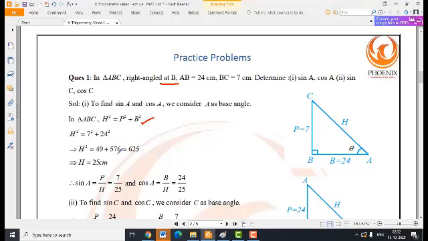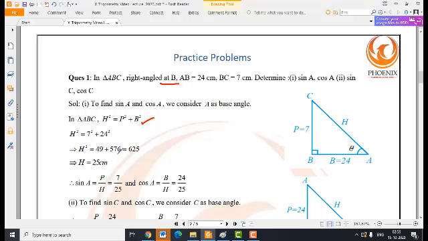Now let us try to find the value of sin A and cos A. What is sin A? Sin A is equal to perpendicular upon hypotenuse. It is the ratio of perpendicular and hypotenuse, and according to the triangle, if you observe, perpendicular is 7 centimeter and hypotenuse, which you have obtained in the above expression, h is 25.